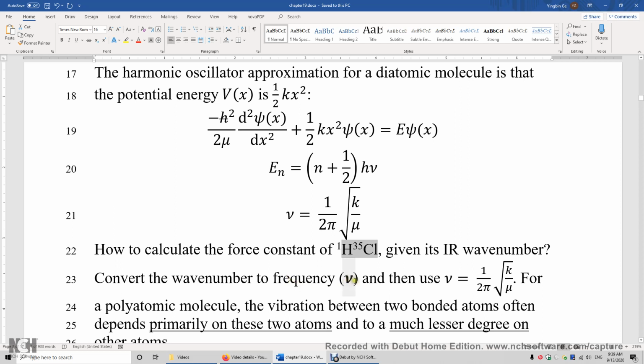Once you get the frequency, you can use this equation to calculate K, assuming you know how to calculate mu for HCl. The value of mu of HCl is slightly less than the mass of the hydrogen atom. So it's going to be slightly lower than 1 atomic mass unit. I think it's going to be roughly 1.6 times 10 to the power of negative 27 kilograms. And again, the SI unit for mass is kilogram, not gram.